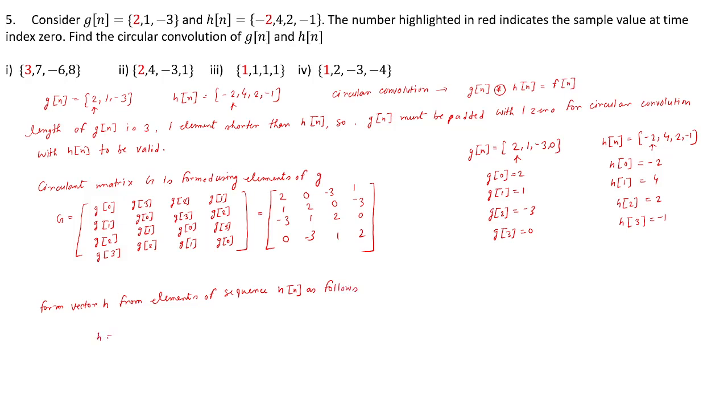That is, H is equal to H0, H1, H2, H3. Remember, the order is important. You cannot just put in any order here. It is given as H0 is -2, H1 is 4, H2 is 2, H3 is -1.